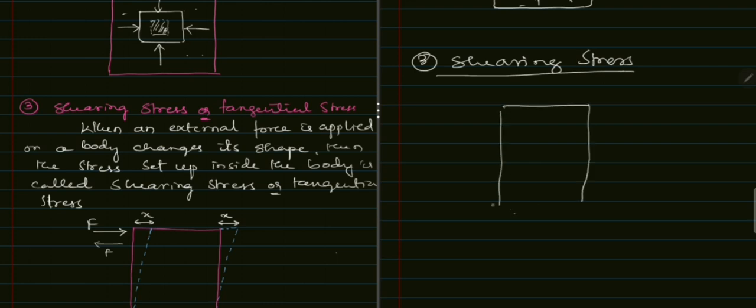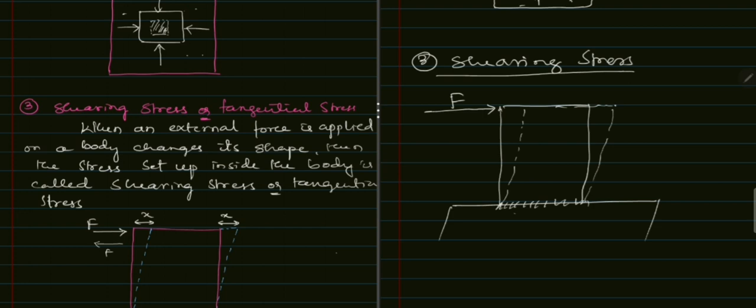This is a box which is placed on the table, and the lower face of that box is fixed to the table, and the upper part is free. Now we apply a force to that upper part tangentially to that body. The body changes its shape after applying a force. So which force is responsible to change their shape?